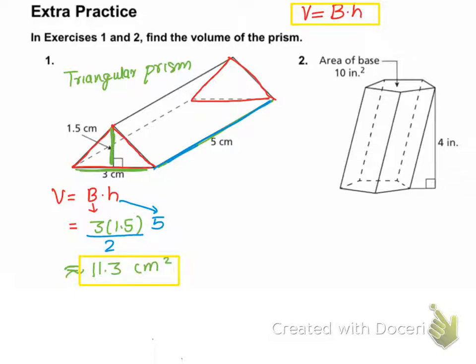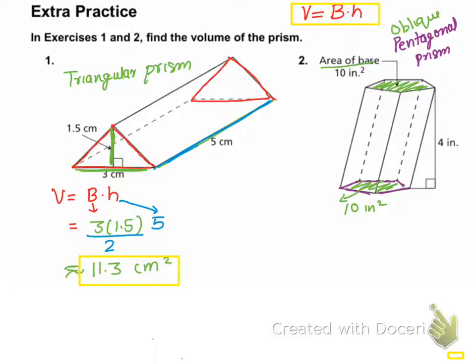Now we have another prism here, and what's the shape? When you check, it's 1, 2, 3, 4, 5. It's a pentagonal prism. In this case, we don't have to worry about finding the area, because they already gave us the area of this identical base: 10 inches squared. But keep in mind, it's an oblique pentagonal prism.